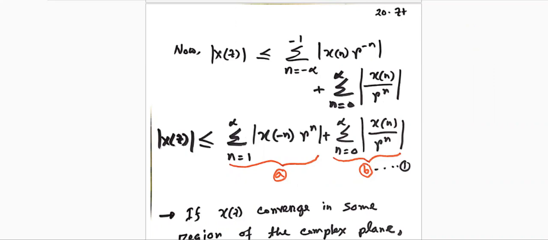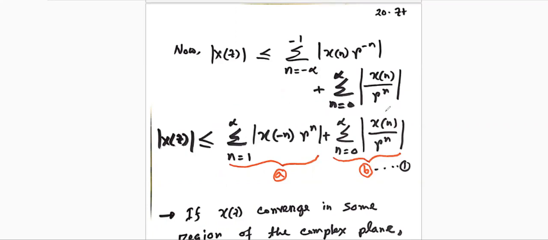Whenever we change the notation from minus infinity to minus 1, rather we put n equals 1 to infinity. In that case, we are replacing n with minus n, and we can find this function.